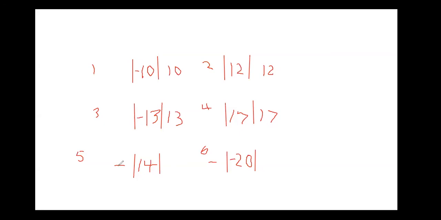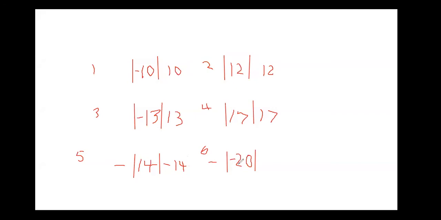However, if it's a negative sign, then the number will become negative. So if we get rid of the absolute value, that is 14. And then if we have a negative outside it, then it becomes negative 14. Okay?